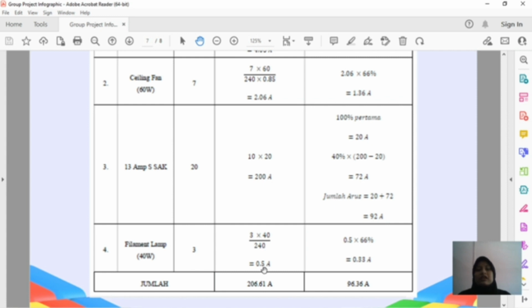Lastly is the filament lamp, 3 units times 40 divided by 240, the answer is 0.5 A for TCL. So 0.5 times 66%, you will get 0.33 MD.